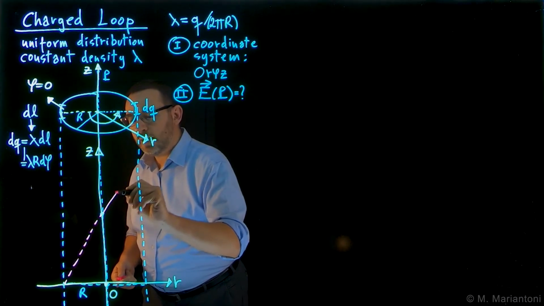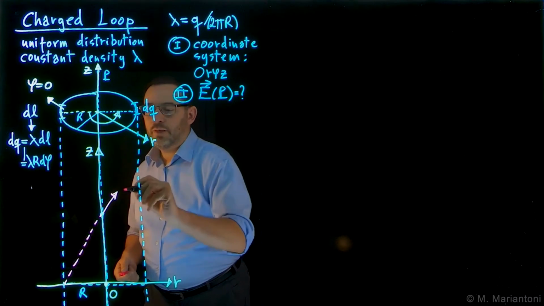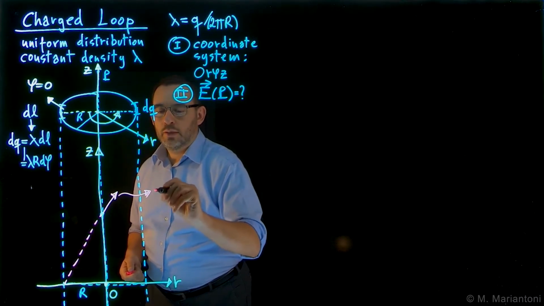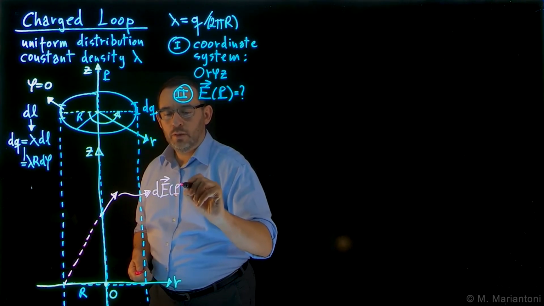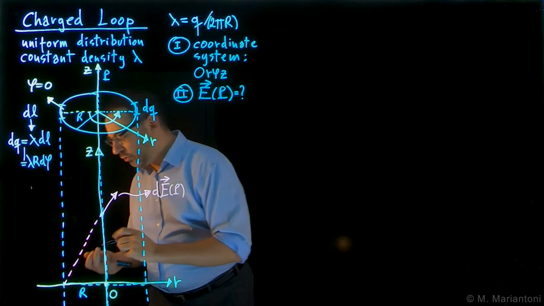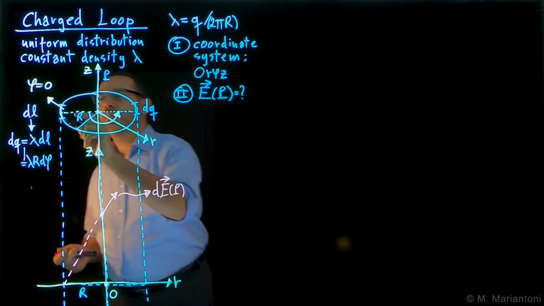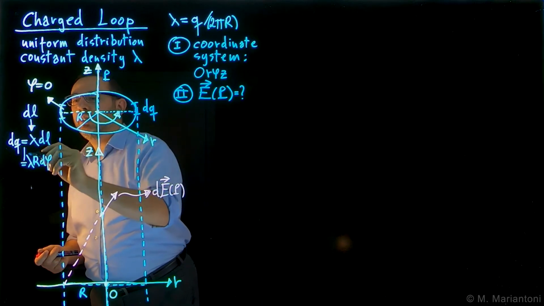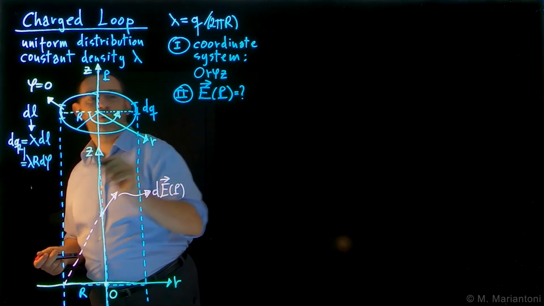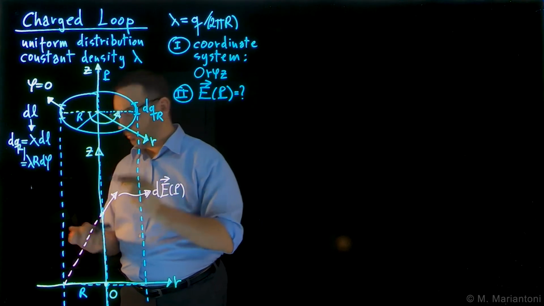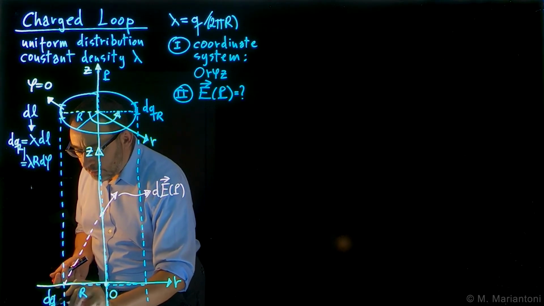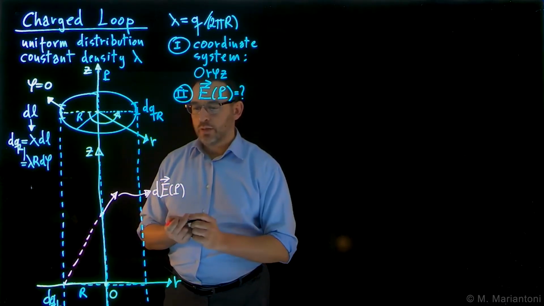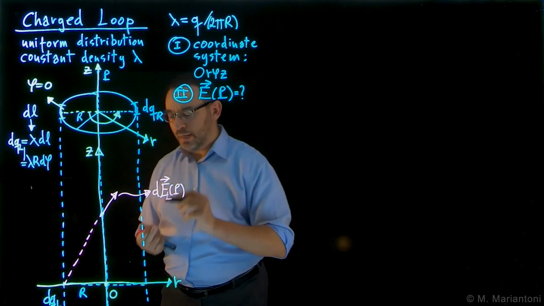So this will be, for example, the electrostatic field dE at point capital P due to this charge, and for simplicity, this charge here we call dq left, whereas the charge here we call dq right. And so this one we'll call dE left.